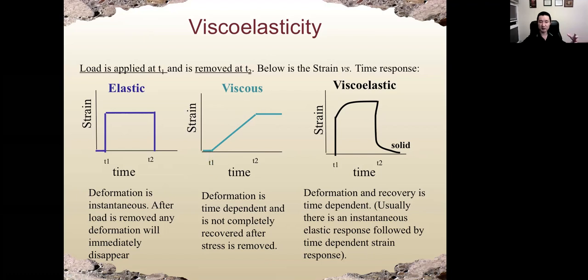Deformation is dependent on the time, so the strain slowly increases. At T2 we remove the load, and the strain will not go to 0 immediately, like in the elastic materials. The strain will stay constant. So the deformation is time dependent and is not completely recovered after the stress is removed.